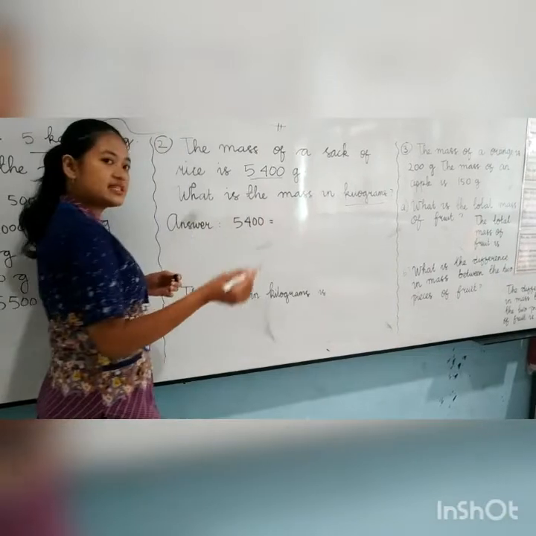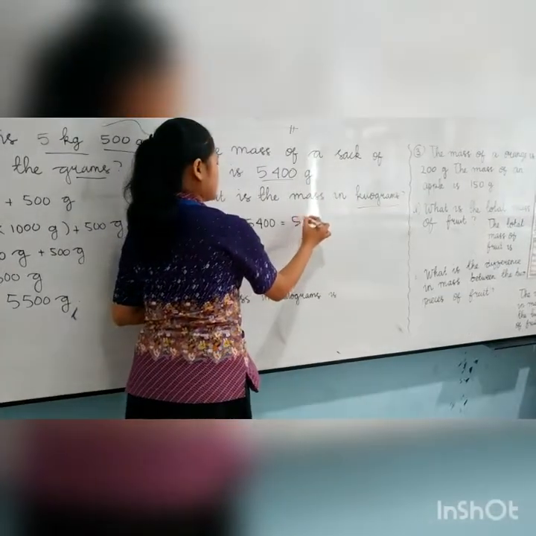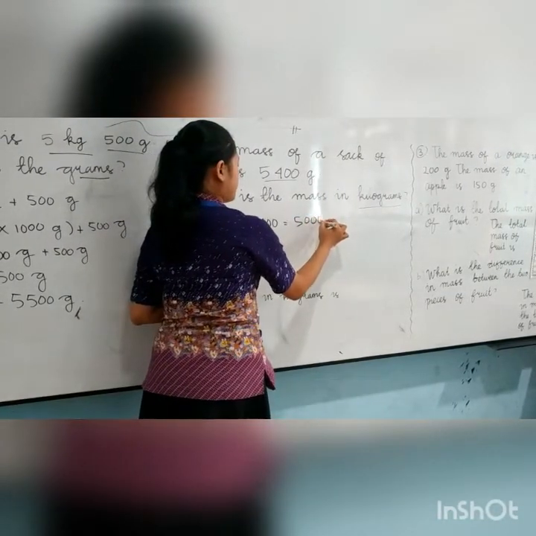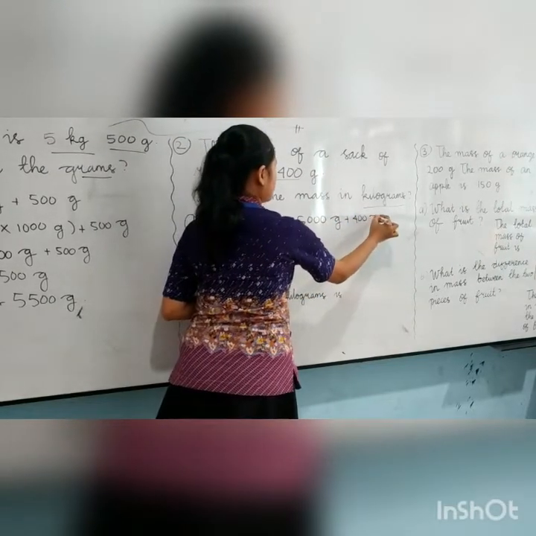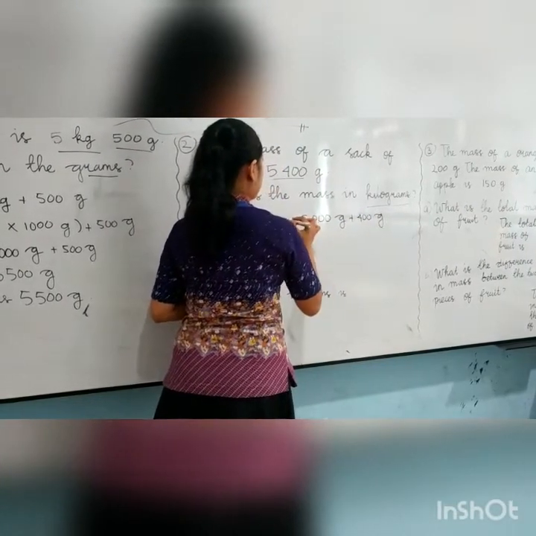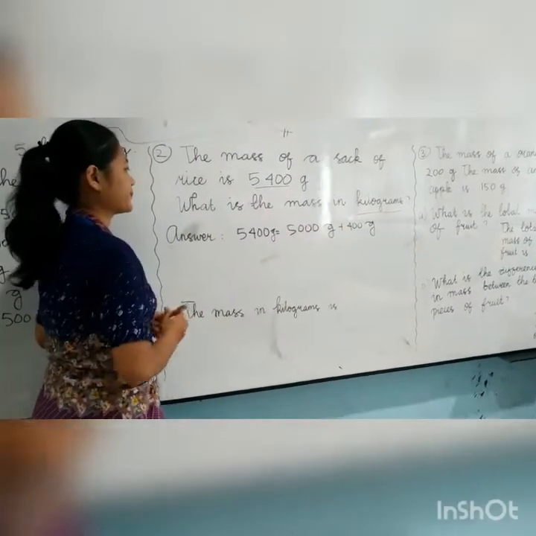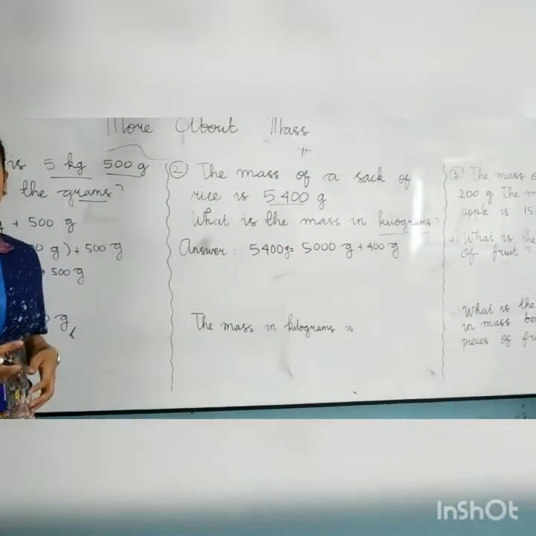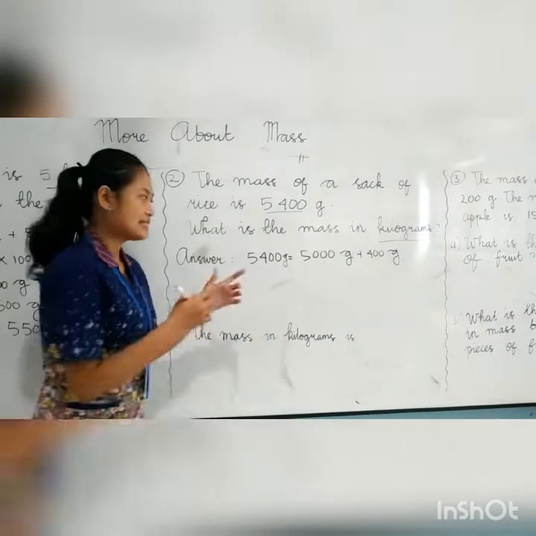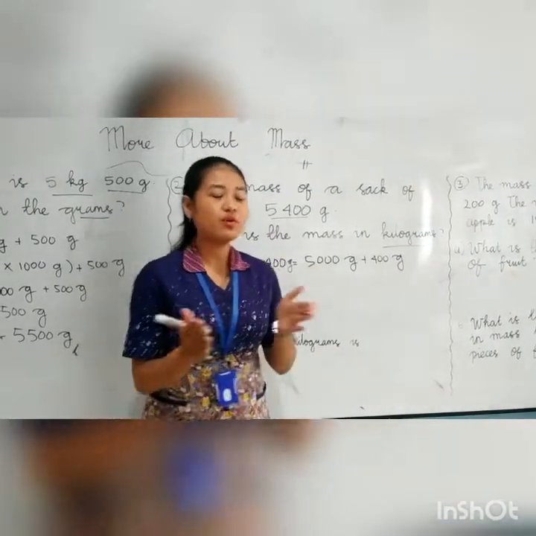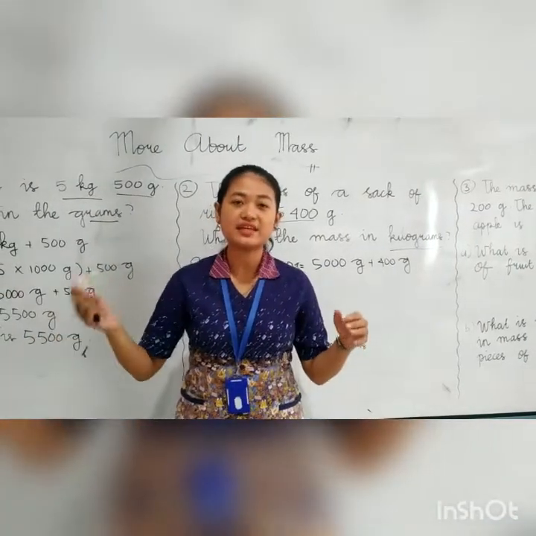5400. We will change the equation to become like this: 5000 grams plus 400 grams. Okay. Don't forget that 1 kilogram is equal to 1000 grams. If we want to change kilograms into grams, we can multiply.